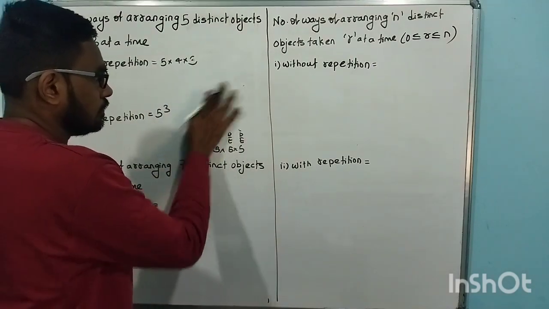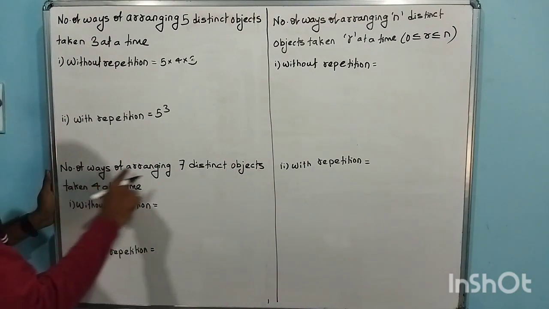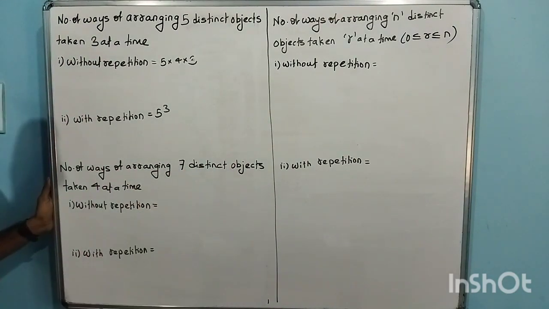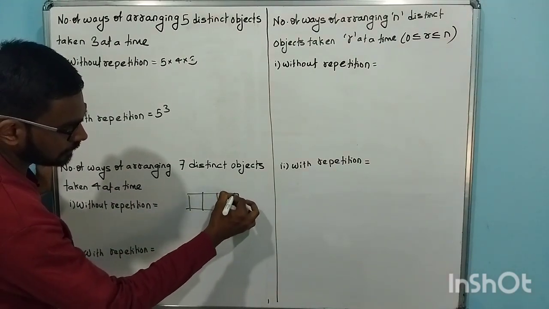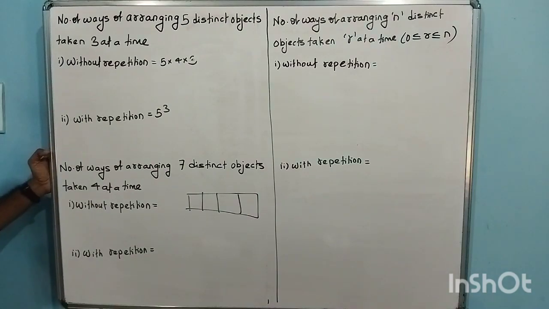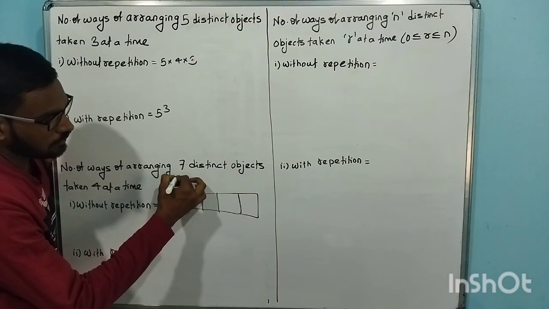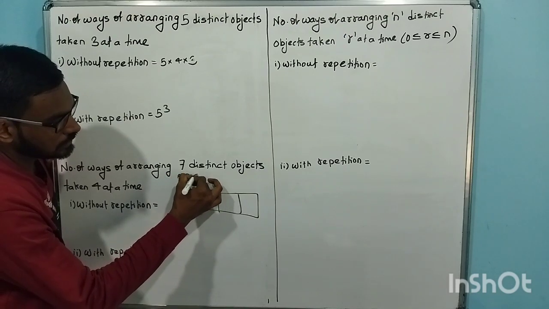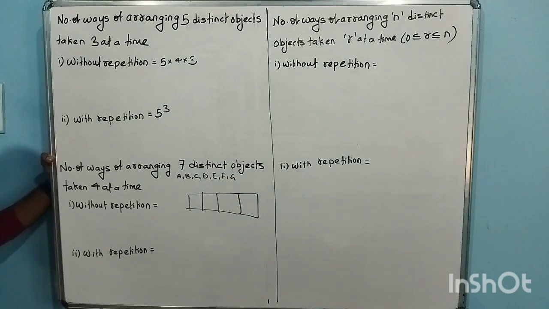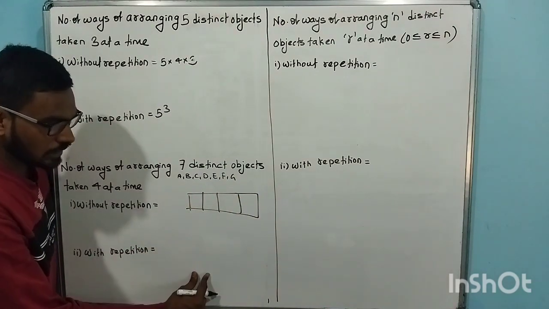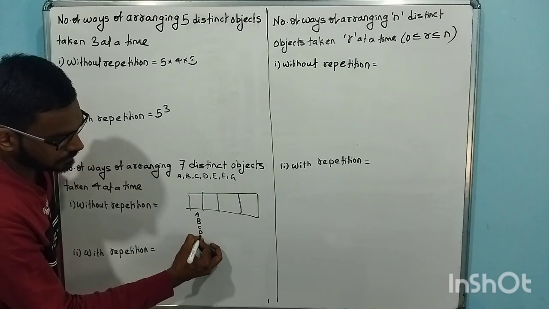Next, second, the number of ways of arranging 7 distinct objects taken 4 at a time. So we have 4 places here and 7 objects. For example, I have A, B, C, D, E, F, G, till G. Then for the first place we have 7 choices.